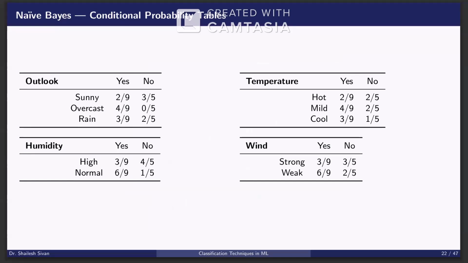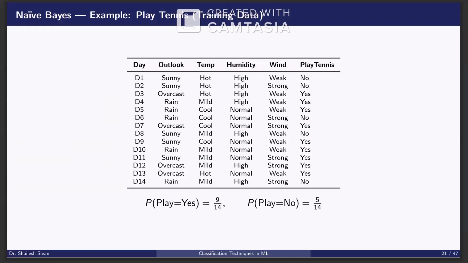Then if these are numerical values, what kind of random variables are they? Continuous random variables. Then how do we represent the probability distribution of a continuous random variable?